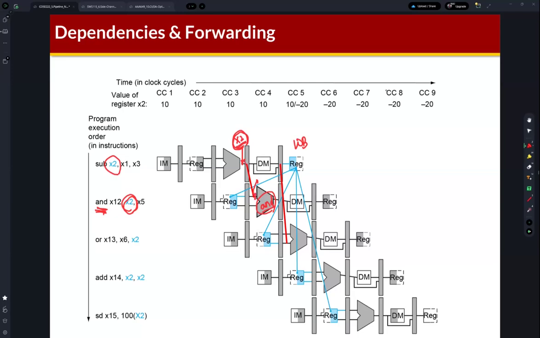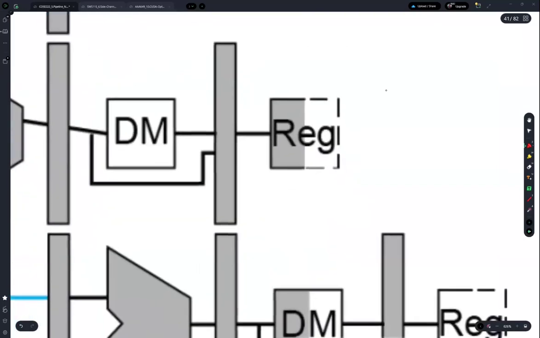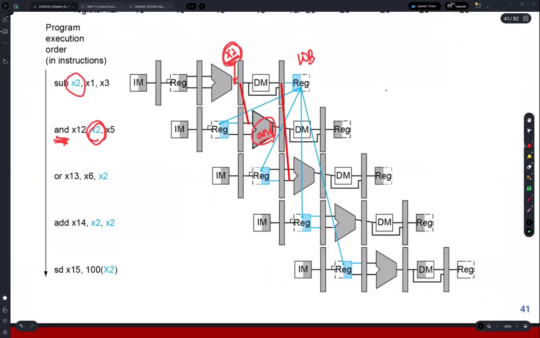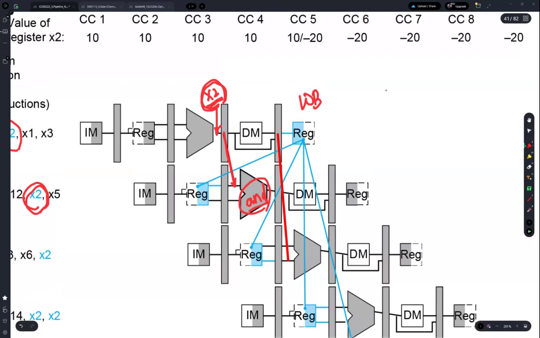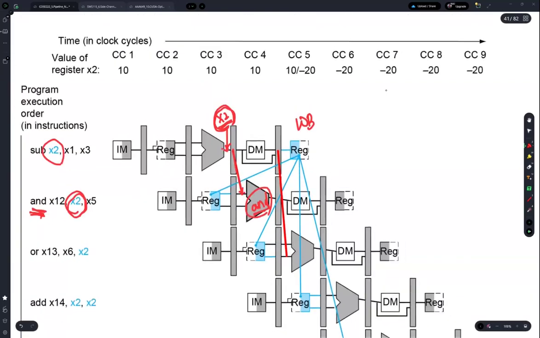So data can be forwarded. Okay, so this is the data forwarding from the output of the ALU to the input of this ALU, right?